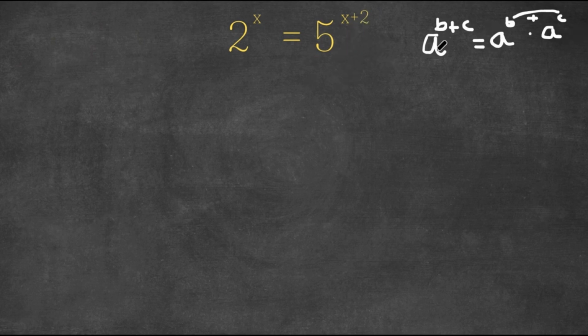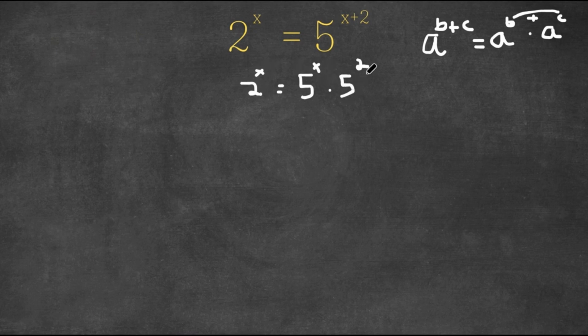So 5 in this case is a, right? So we have 5 to the power of b, which is x, times 5 again, to the power of c, which is 2. And this is still equal to 2 to the power of x.